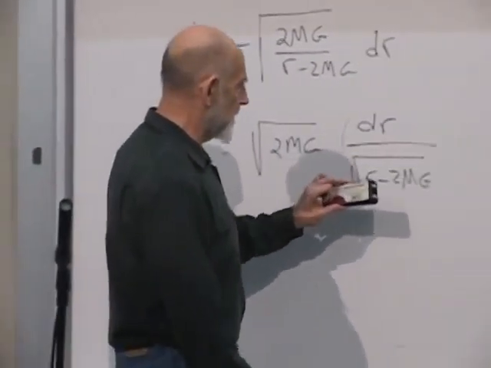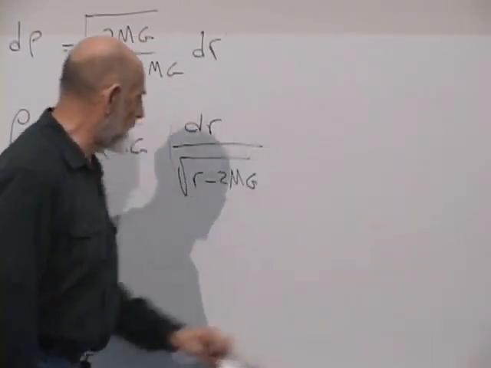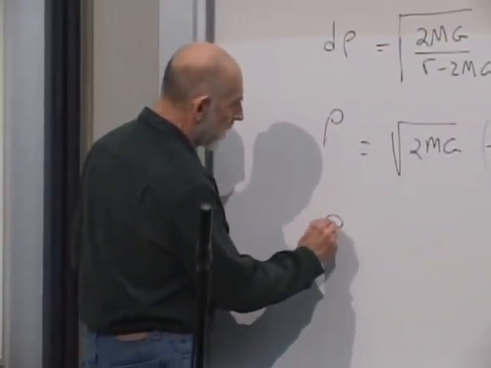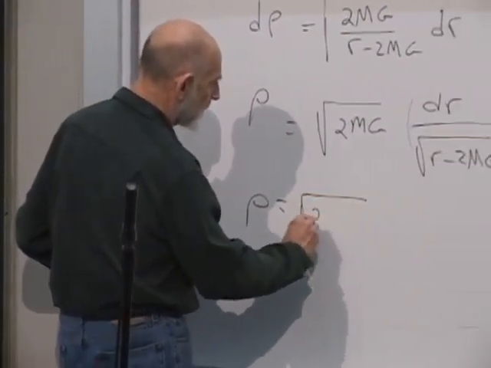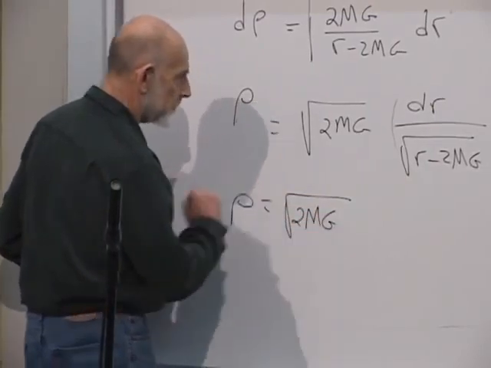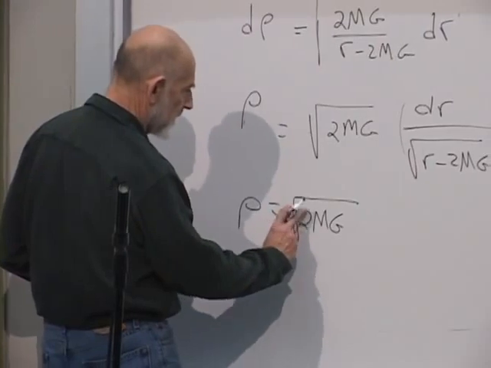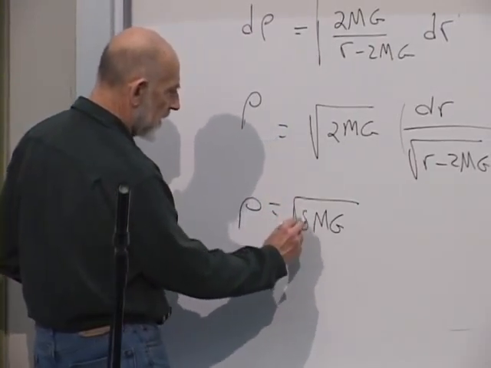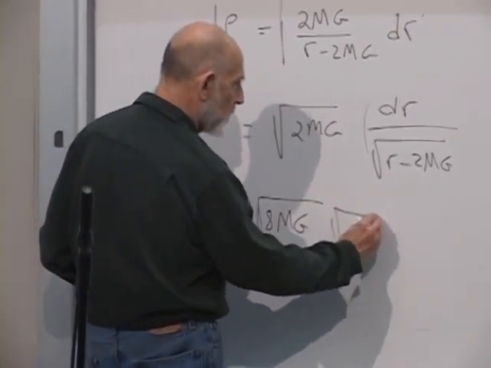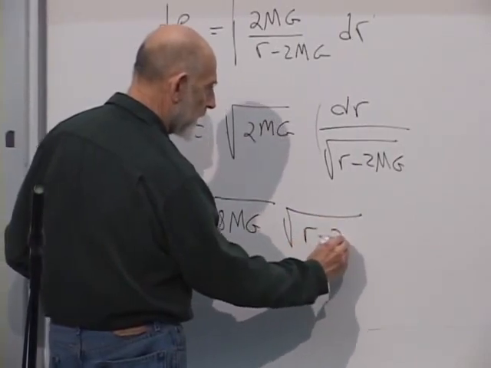So let's write the correct equation. Rho is equal to the square root of 2mg times another factor of 2, that makes this 8, times the square root of r minus 2mg.